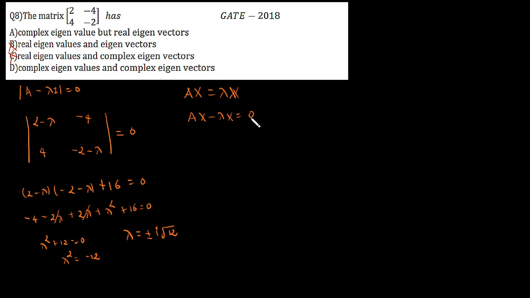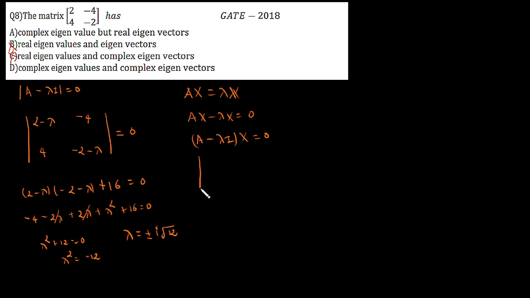But here 0 is a vector because on the left hand side we also have a vector. So let's take this x common. Now I can write A minus lambda I multiplied with x equal to 0. Now I have found the value of lambda and I need the vector x here.